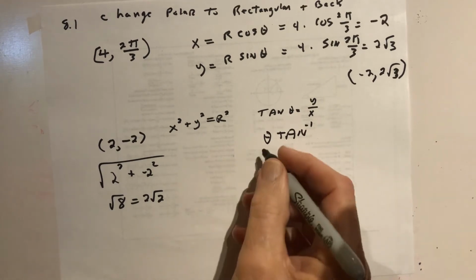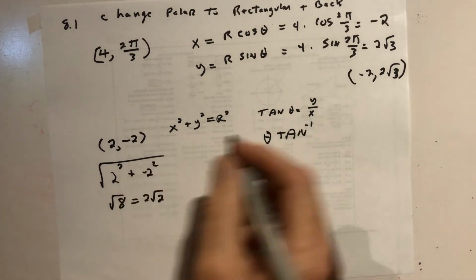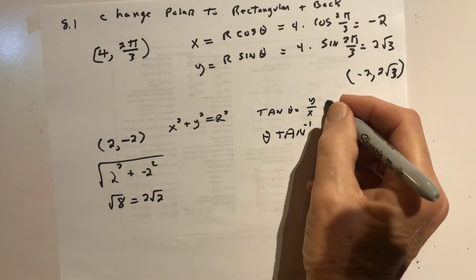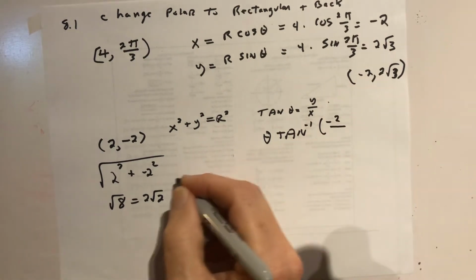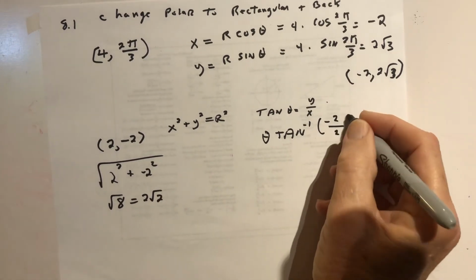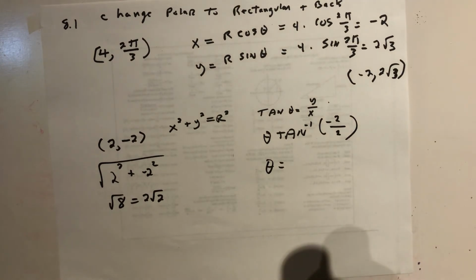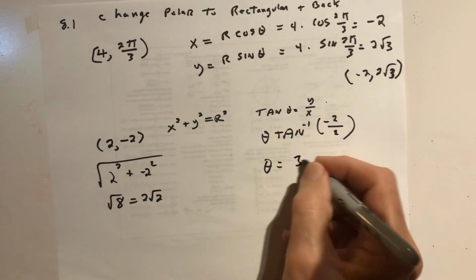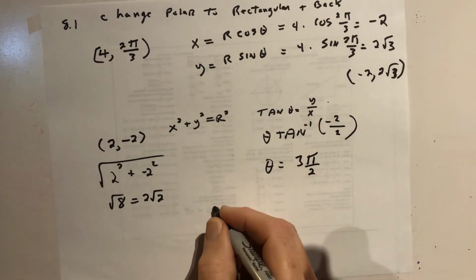Just hit shift tangent and put y over x, which is negative 2 over 2. And for theta, what do you get? 3 pi over 2.